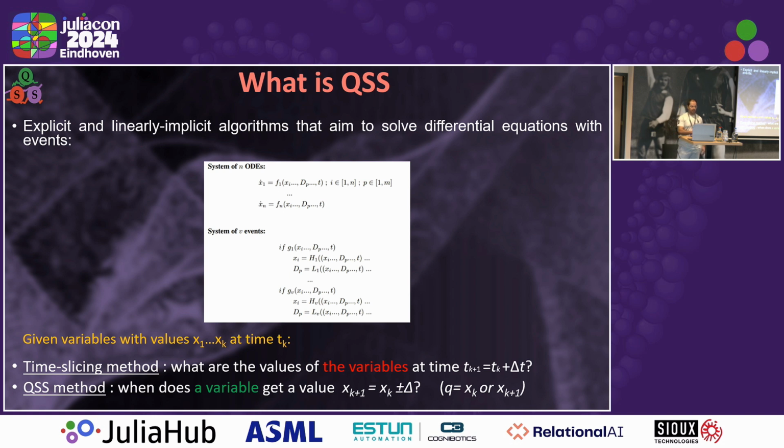That's the added thing for this QSS method, this q value, which, depending on the method, if explicit, will be the old value of x. If we are using the implicit method of QSS, then q will be the future value of x.